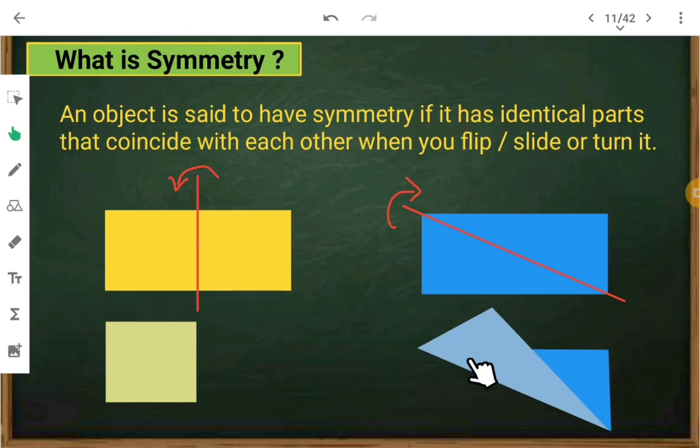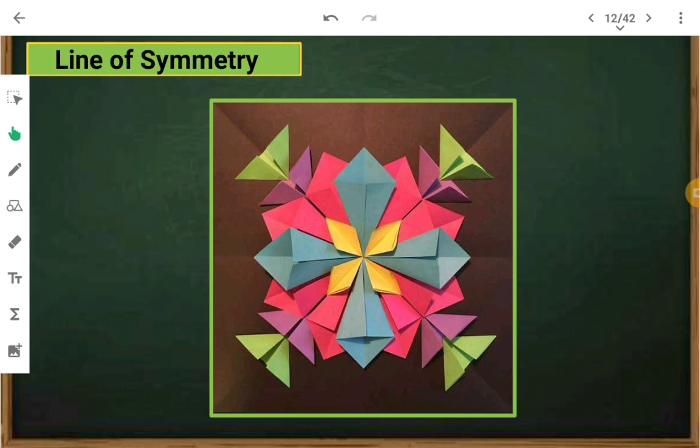See? This vertex and this vertex are not coincident. Therefore, a diagonal line is not a line of symmetry for a rectangle. Got it?